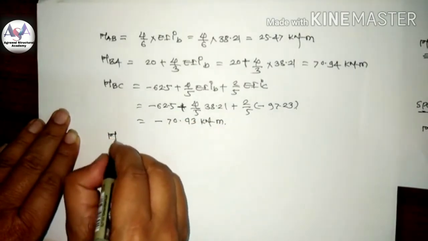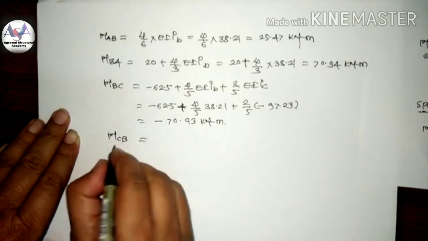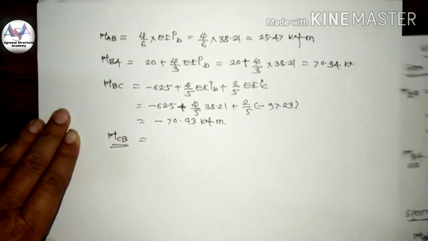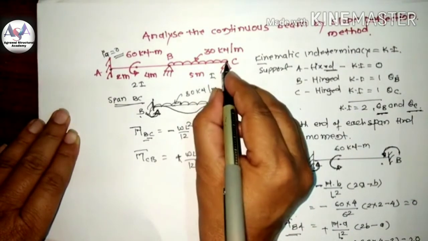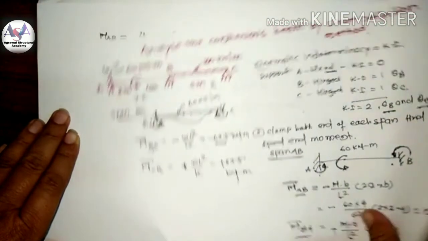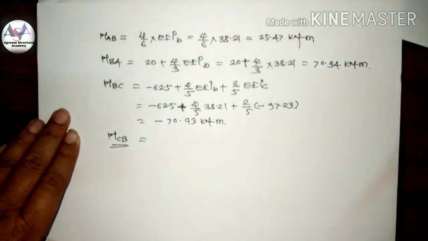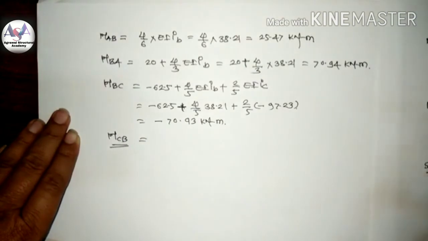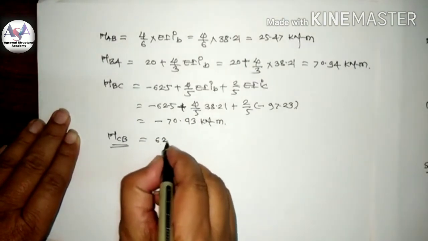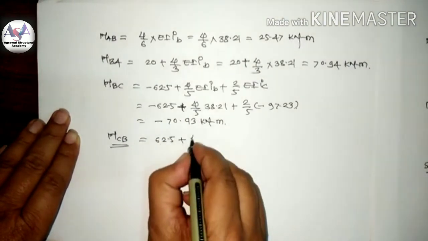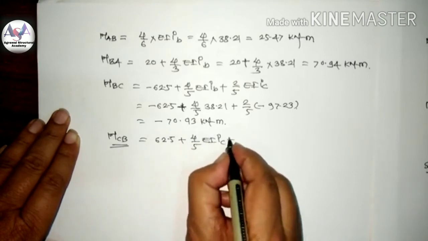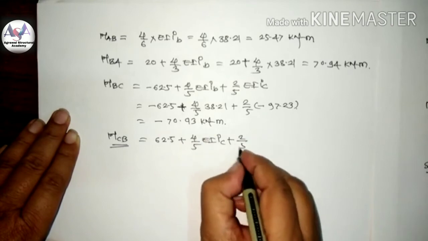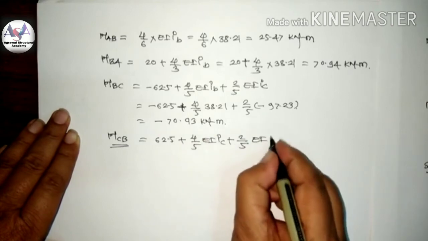Then MCB. Now this is important here. We know that here C is simply supported, so this value should be 0. Now putting the values here, MCB is 62.5 plus 4/5 EIθC plus 2/5 EIθB.